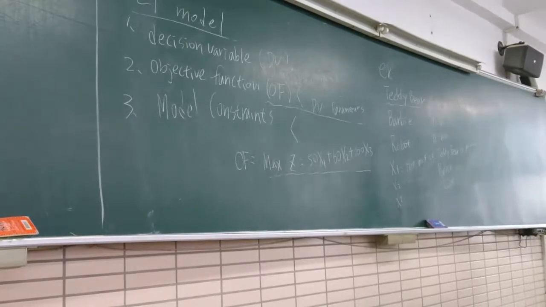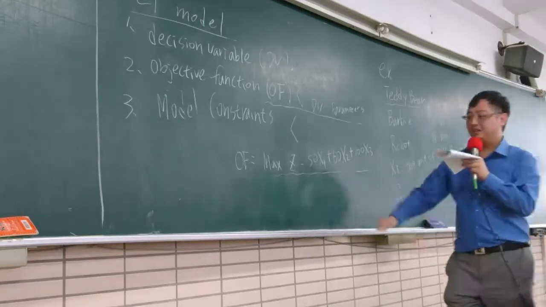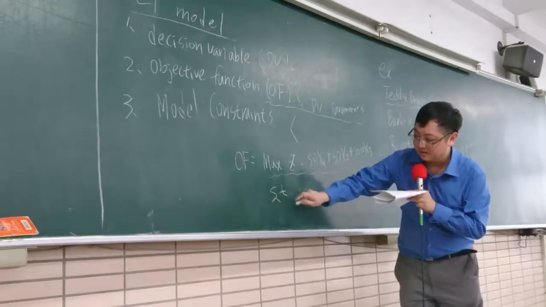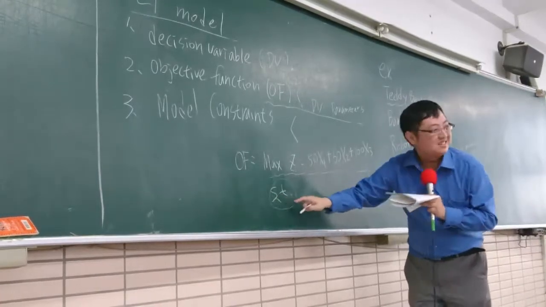And now we talk about model constraint. Assume your manager tells you we only have 40 hours of labor available for producing Barbie. 我们就40个小时能够制造芭比。For Barbie, one unit of Barbie will cost 5 hours. Following constraint, we will use this abbreviation ST, subject to.